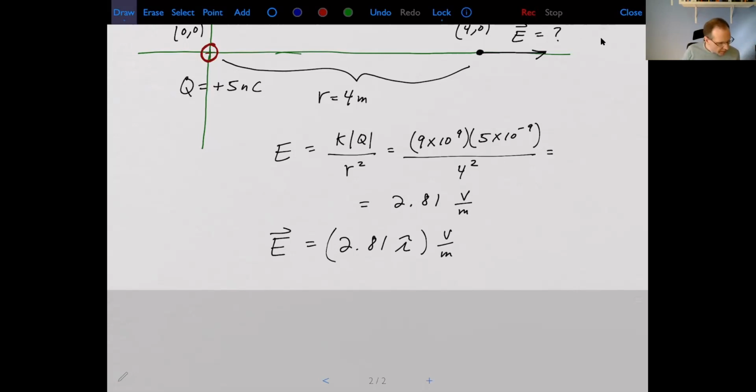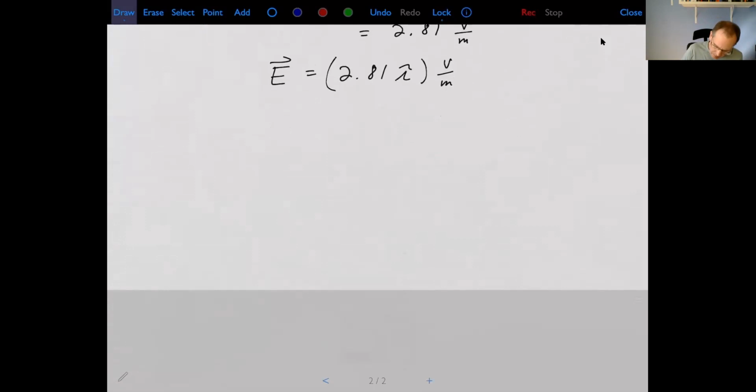Okay, and again, if you had a negative charge, then the magnitude of the electric field will be the same as if you had a positive charge, but the direction is different. So now the direction will be pointing towards the negative.